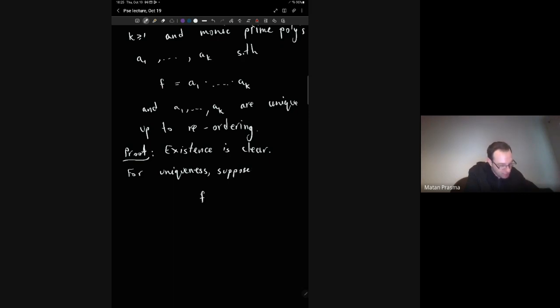Now for uniqueness, suppose I can write f in two different ways: A1 up to AK, and B1 up to BL. Remember, if I do not know uniqueness, then possibly f could be a product of prime polynomials of different length, a different number of prime polynomials.